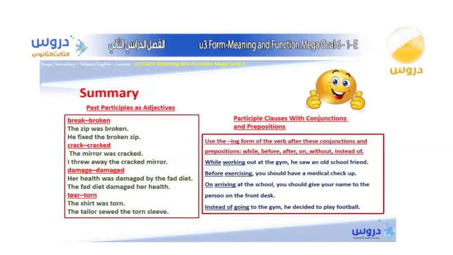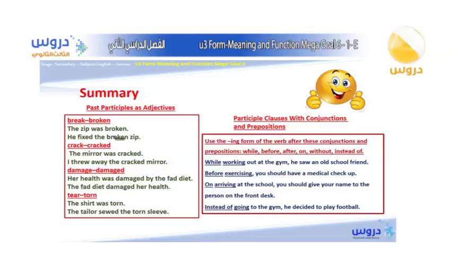Now we came to the end of today's lesson. Here's the summary of today's lesson. First of all, we talked about past participles as adjectives. We said break, broken. The zip was broken. He fixed the broken zip. Crack, cracked. The mirror was cracked. I threw away the cracked mirror.